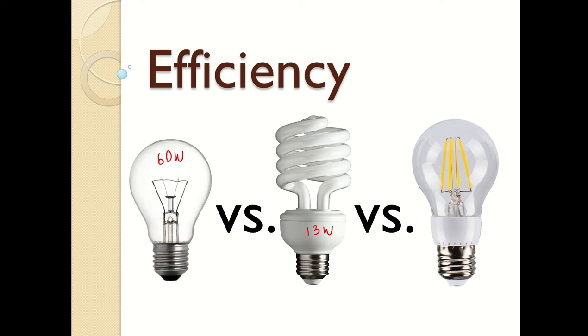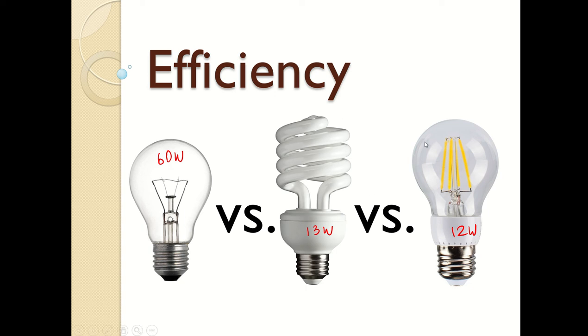And then the LED light bulb, let's say maybe it's a little more efficient than the fluorescent. Let's say it's 12 watt, which means that this will use 12 joules of energy every second to produce the same amount of light as the 60 watt incandescent light bulb or the 13 watt fluorescent light bulb.